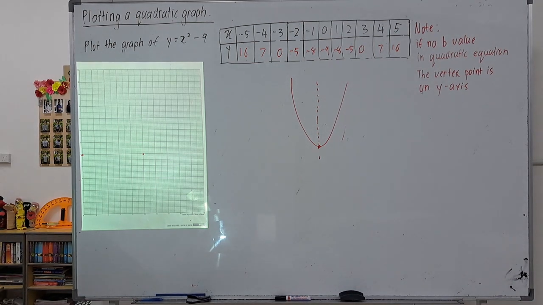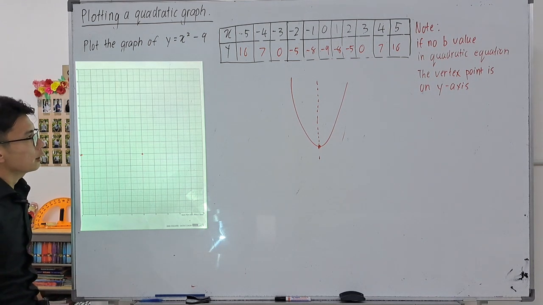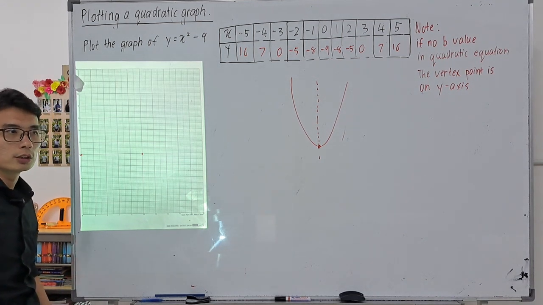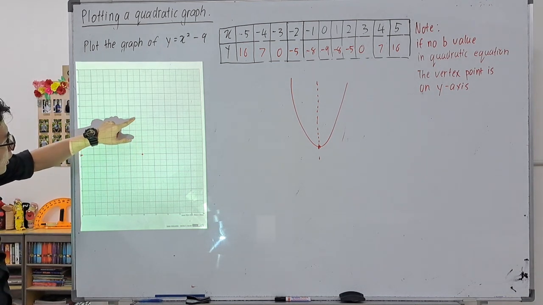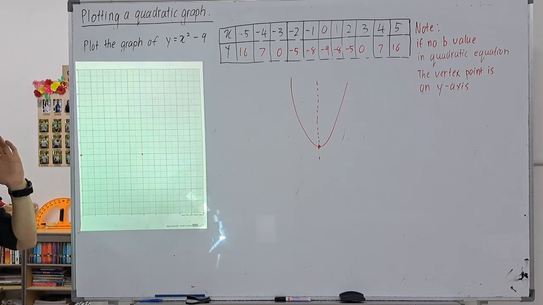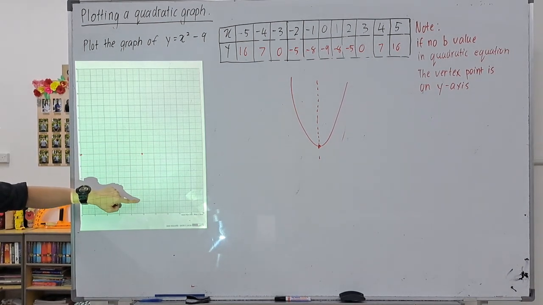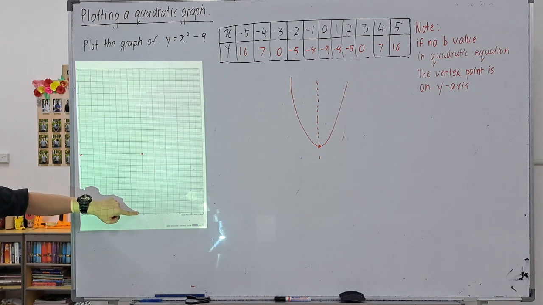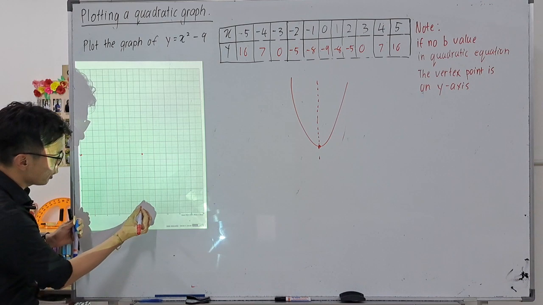What about my y-axis? The biggest number is 16, so it might look reasonable to use the 0, 2, 4, 6 scale, but let's check. 2, 4, 6, 8, 10, 12, 14. Oh, I'm lacking. So what about the bottom? 2, 4, 6, 8, 10 over here, and my lowest number is -9, so it's going to be over here.